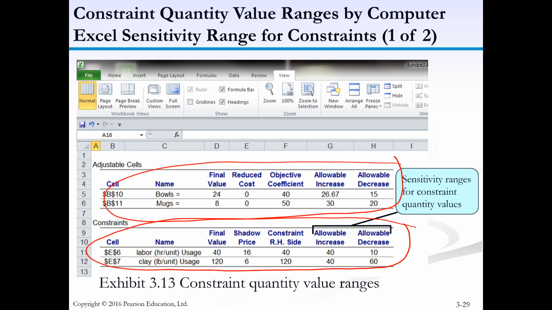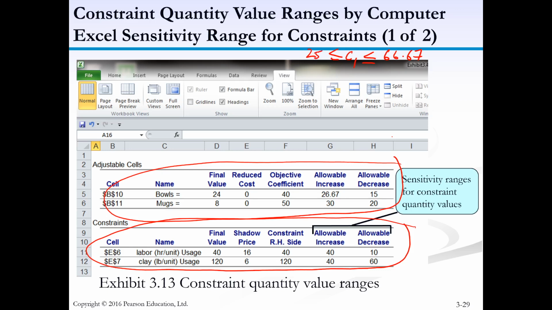The first one is telling us that the allowable increase is 26.67. So if I may write it, for C1 the upper limit is 40 plus 26.67, which is 66.67, and the lower range is 40 minus the allowable decrease of 15, which is equal to 25.